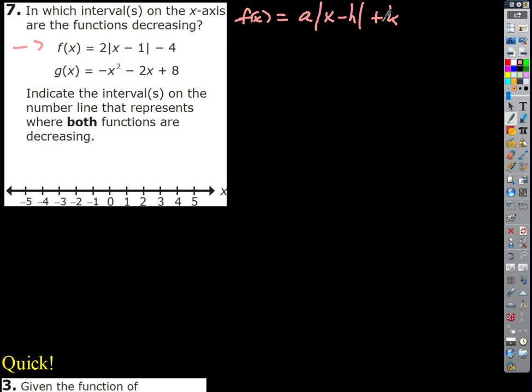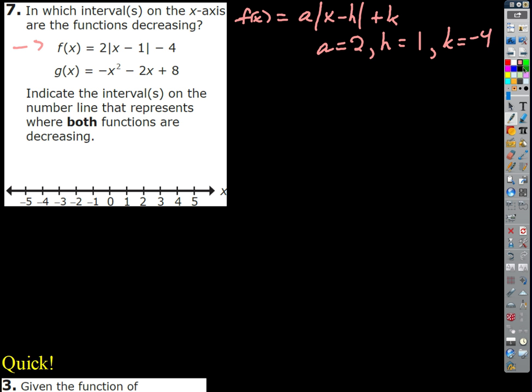Where h and k are just the coordinates of the vertex, and a is the vertical dilation factor, just like it is for a parabola. So for us then, what are the values of a and h and k? a equals 2, good. h equals 1, good, because we're subtracting 1. And k equals -4, good.